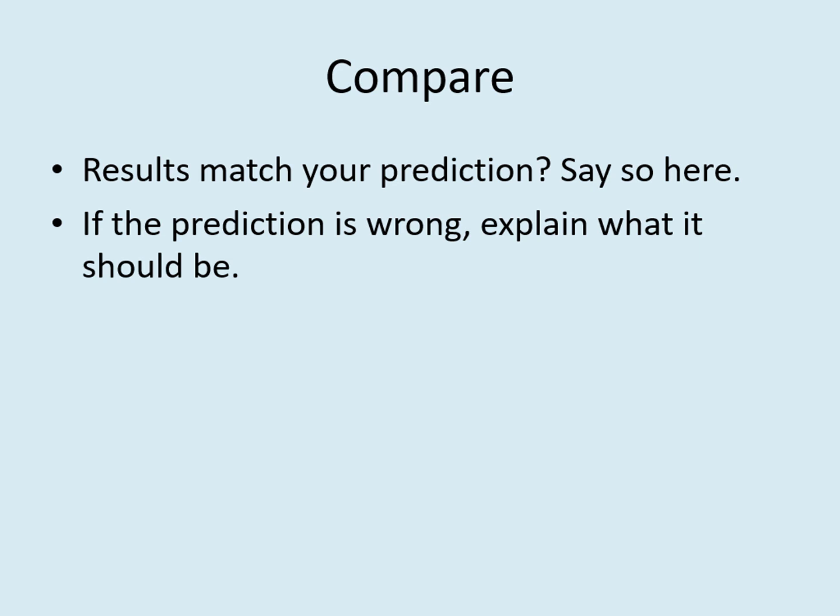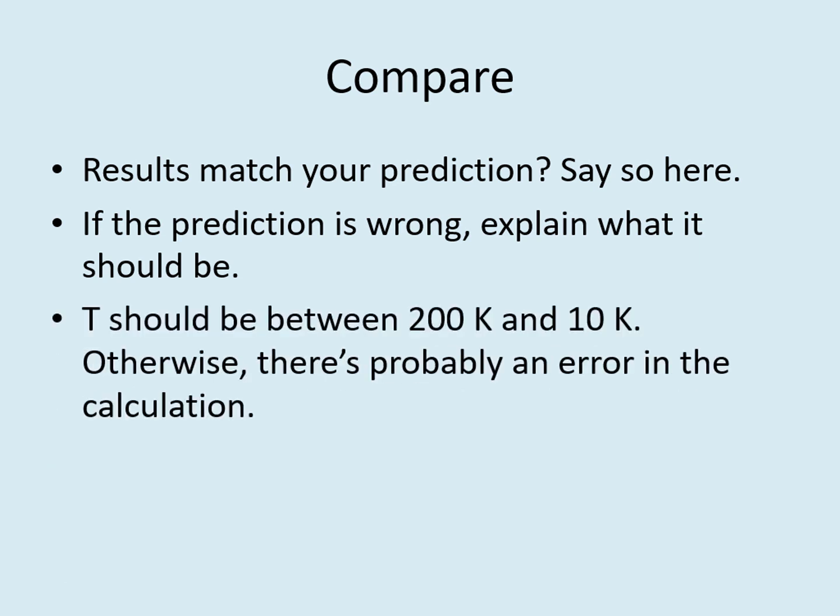As we've already seen, room temperature is 300 Kelvin. So if you're getting temperatures much higher than 200 Kelvin, that probably means there's a problem with the calculations. Inner solar system planets can have hotter surfaces than this, but not outer. On the other hand, the temperature shouldn't be getting down less than 10 Kelvin, no matter how far from its star the planet is. So you should be suspicious of such low temperatures as well.